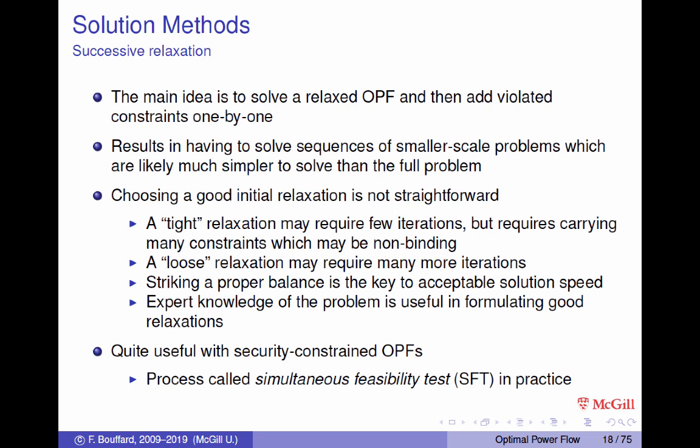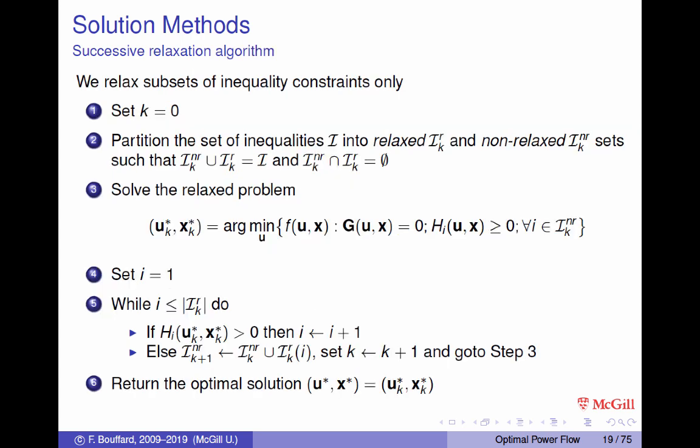So your first relaxation is the economic dispatch, and then you check whether that solution is simultaneously feasible for the network as well. If not, you can start adding constraints to the economic dispatch to get there. And this is what we'll do later on in this presentation.